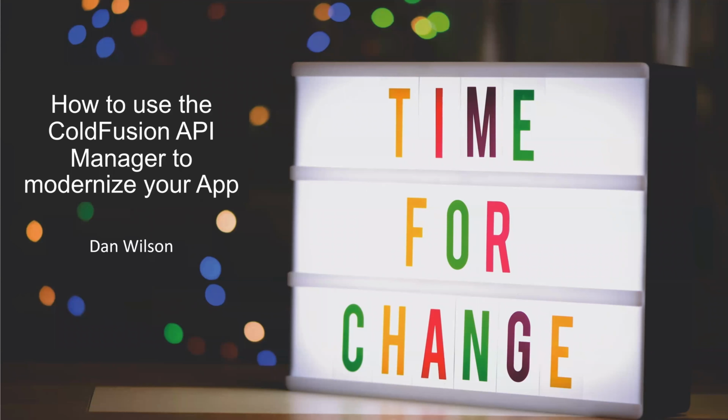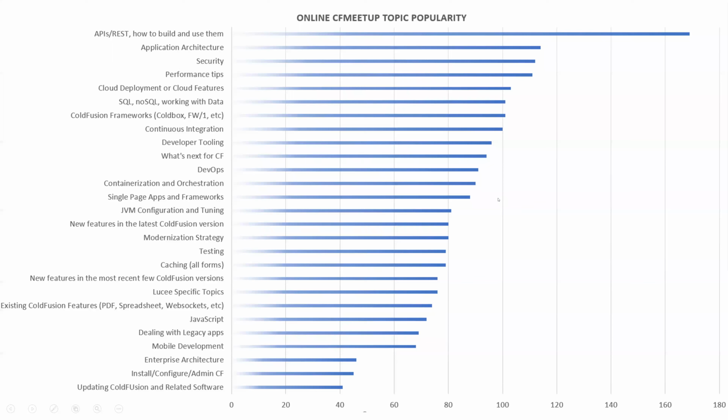In this presentation, we're going to talk about when it all goes right. Speaking of which, one of the things that we did recently was we sent out a survey to see what folks wanted to hear about, and APIs, REST, and how to build them really came in top with 70+%. The next closest thing was application architecture. So this talk is going to be a combination of both of those.